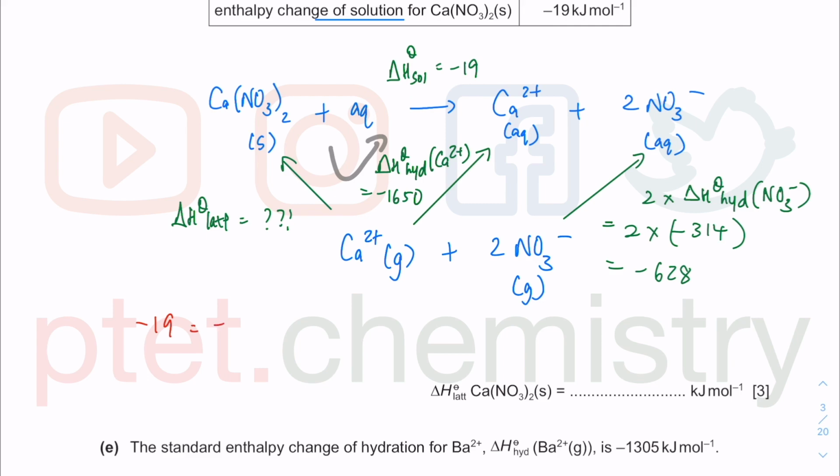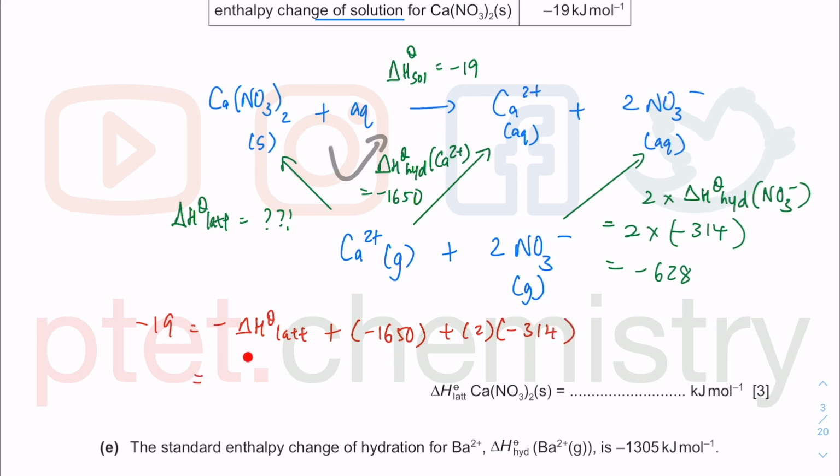So that is minus the lattice, because the lattice was defined as forming 1 mole of the ionic solid from its gaseous ions. So here I'm going opposite to that. So there's minus lattice plus the 1650. Again, that is minus 1650 going the same way, so it's adding with that. Always use brackets because you never know if you will make a mistake.